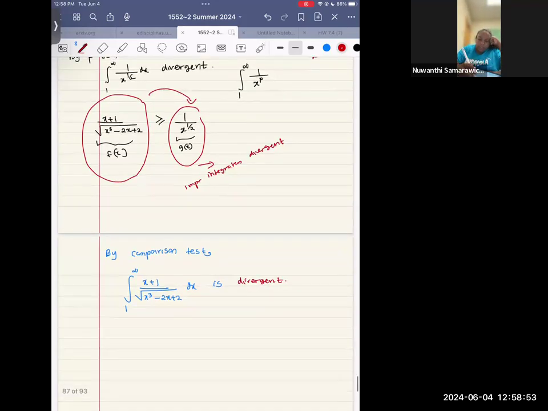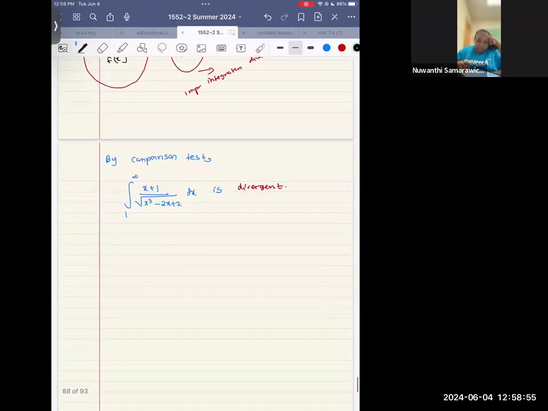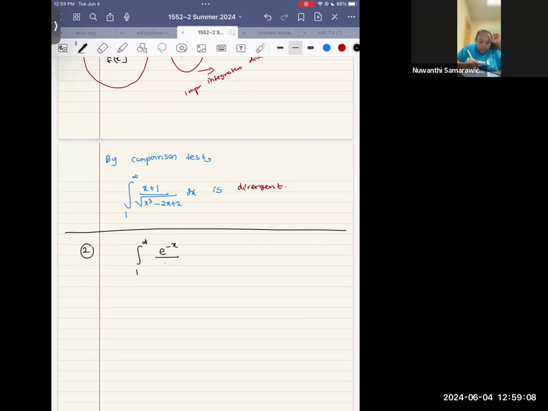But let's do another example for comparison test. The second one: if you have to find the integral of e to the power negative x dx. Can you all think how to use the comparison test here? Can you just try for 5 minutes?